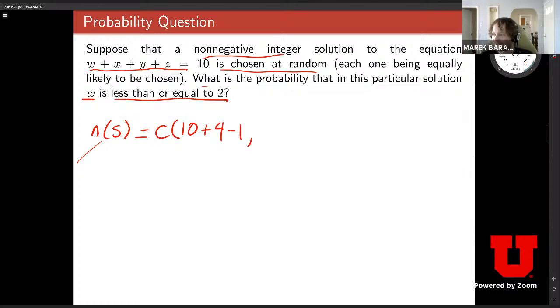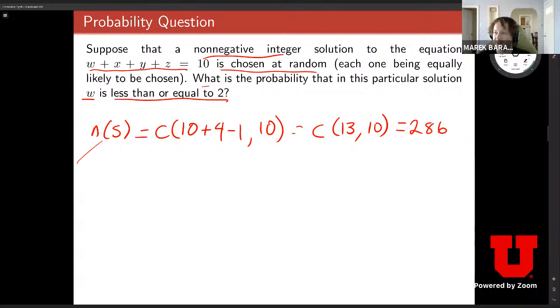Since I want to write down what this actual number is, I'm going to cheat, because I am not calculating that live. That's equal to 13 choose 10, and that is equal to 286.